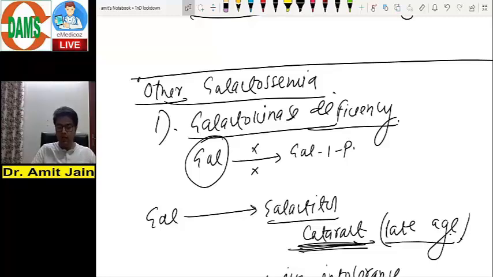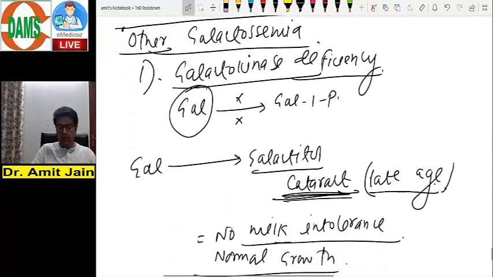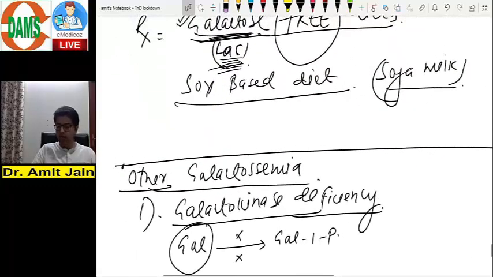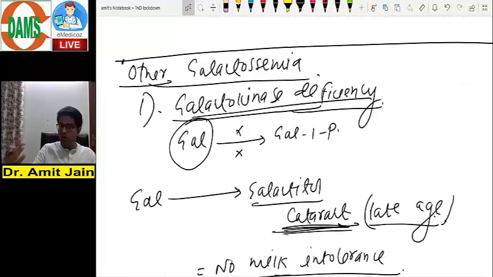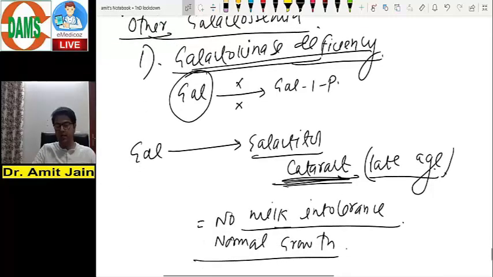Basically the features are coming from ATP depletion. In galactokinase deficiency, the ATPs are not utilized, so the patient has no clinical features as such, except the cataract.